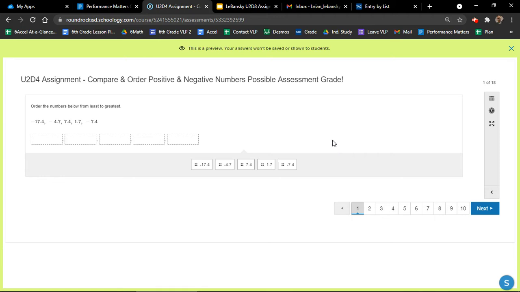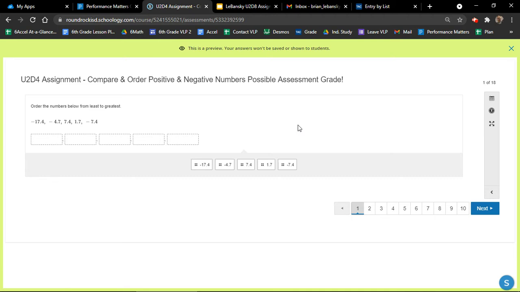Today I'm going to help you with the Unit 2 D4 assessment grade. So on number 1, the hard work is done for you because they're all decimals, but you have to realize that it's bigger if it's a positive number and more in magnitude or absolute value, and it's less if it's negative and bigger in number or magnitude, bigger in absolute value.